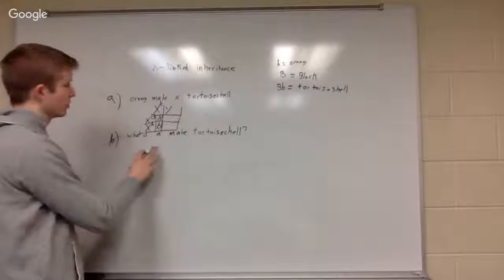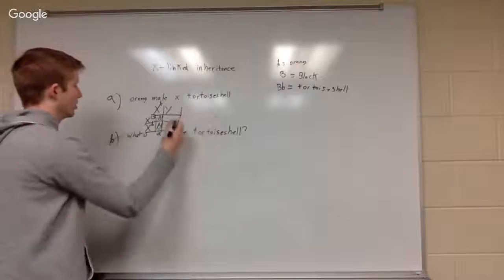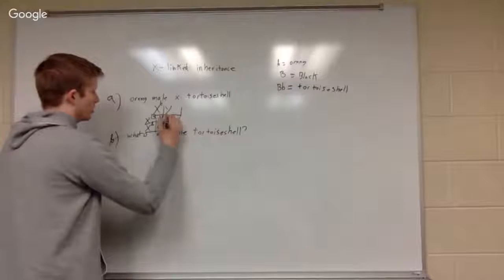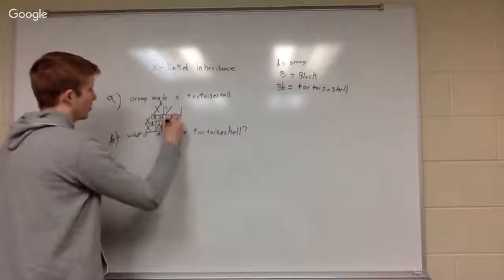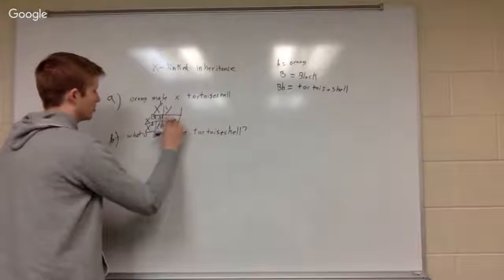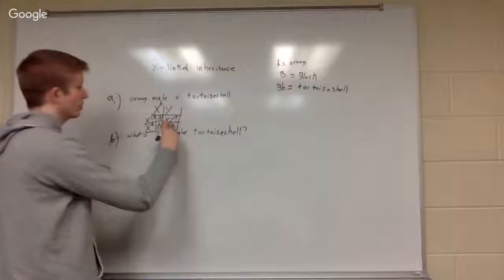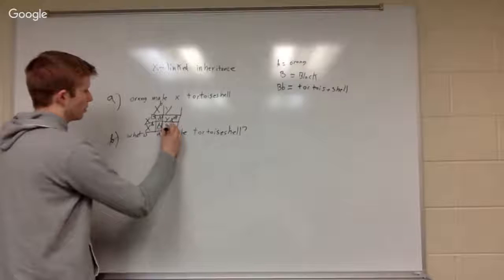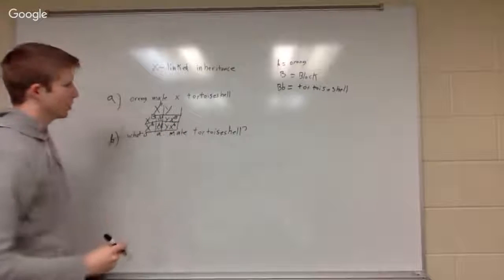So 50% of the females are going to be orange, the other 50% are going to be tortoiseshell. For the males, since they can only get their X's from the mom, one will be a black coat, and the other male offspring will be an orange coat.